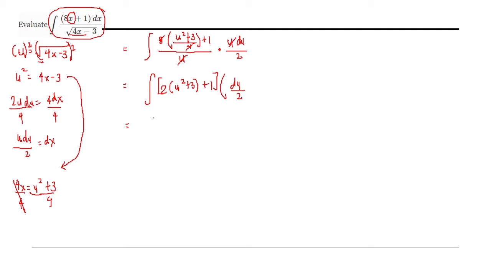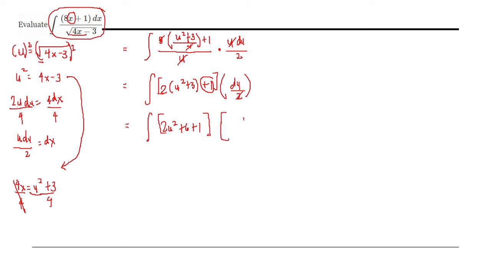So simplifying that, that's 2u squared plus 6 plus 1. Or actually, we can cancel that one, but either way, no problem. No, sorry, we cannot cancel it since there is plus 1 here. Sorry for the confusion.